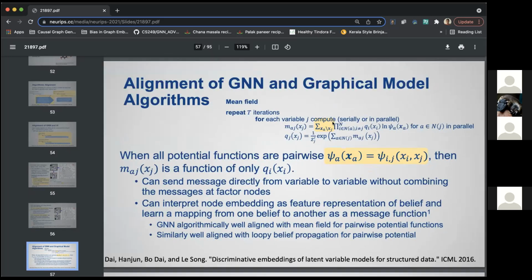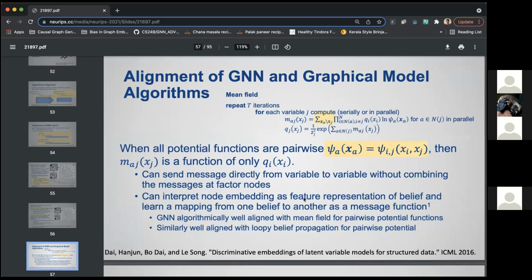Because we're looking at all variables in the neighborhood of i that are not equal to j, the message here is only a function of qxi. So it only depends on qxi because we're not considering j.